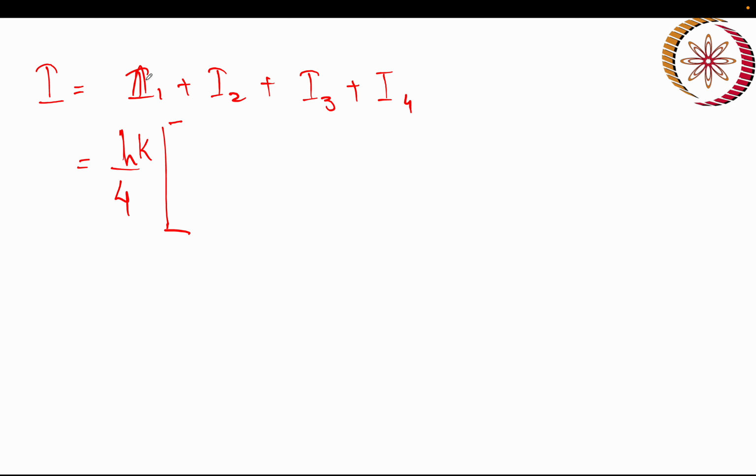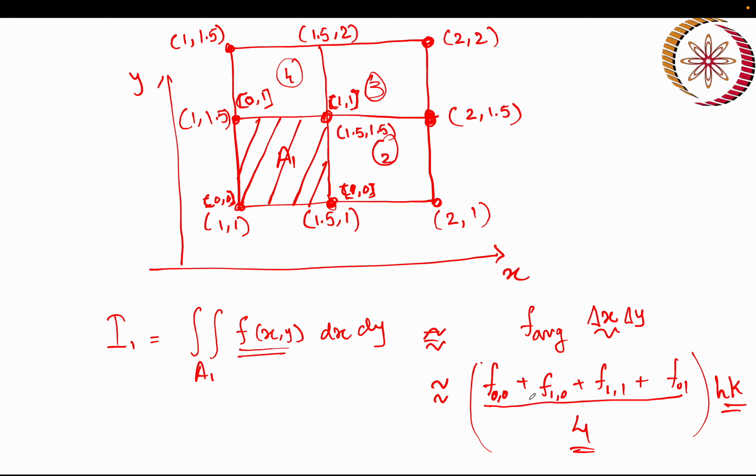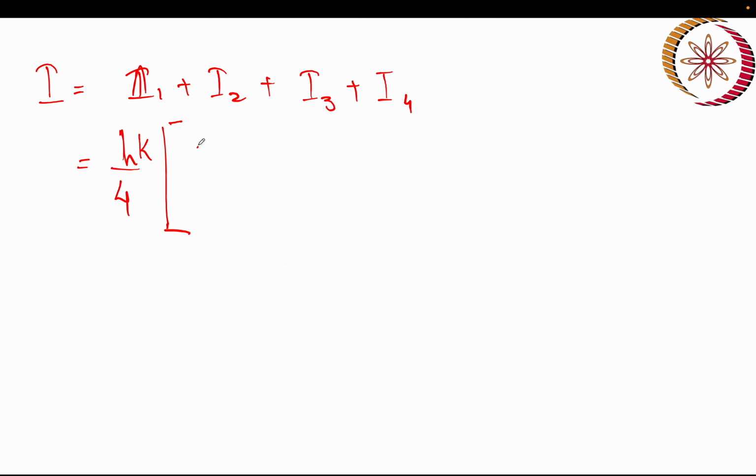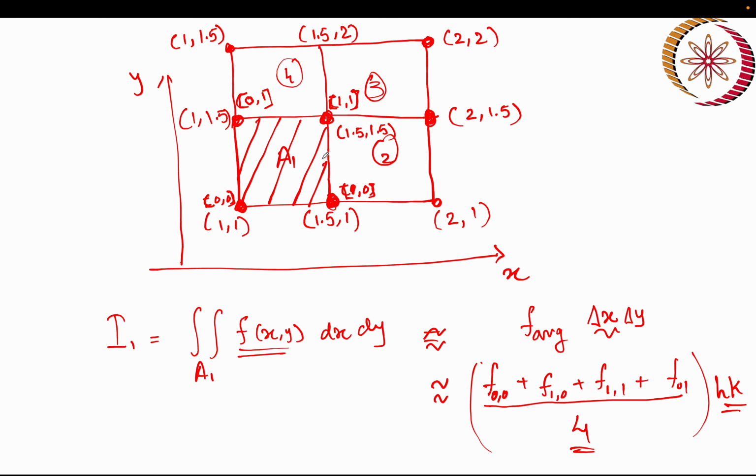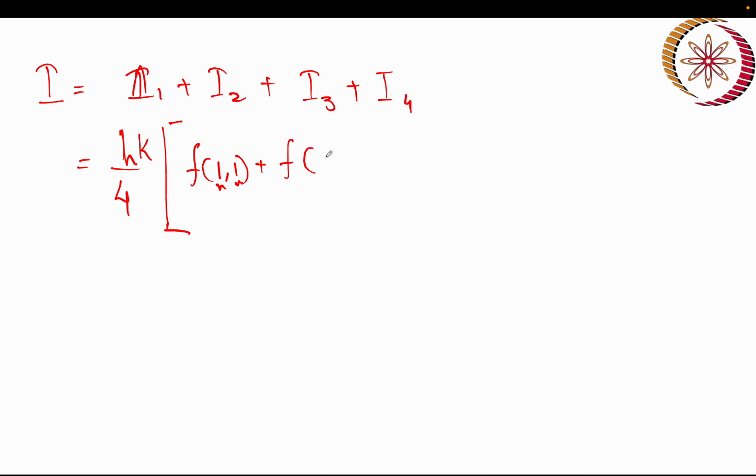First it will involve the summation of these 4 terms for area 1. It will be f of, now I am writing the x and y values, x is 1, y is 1, f of 1.5 comma 1 plus f of 1.5 comma 1.5 plus f of 1 comma 1.5.